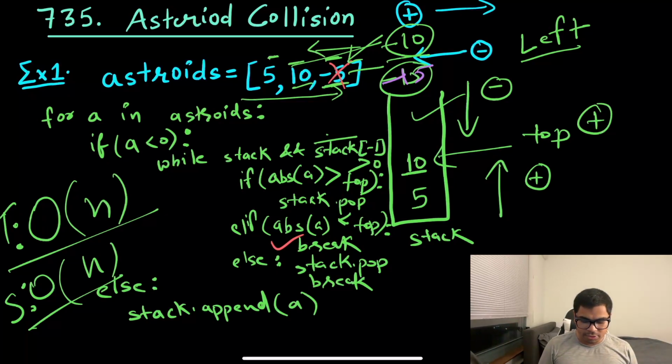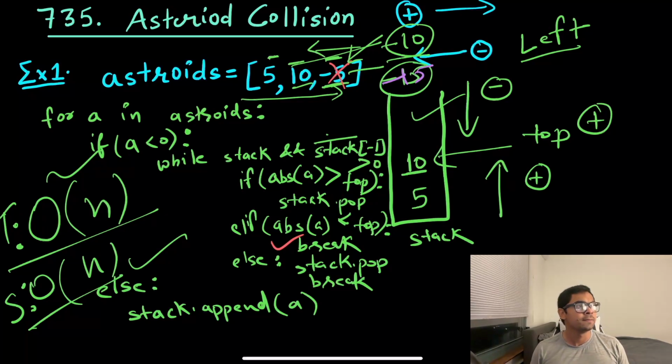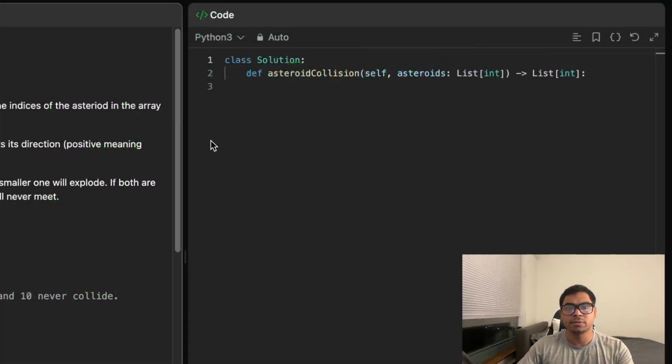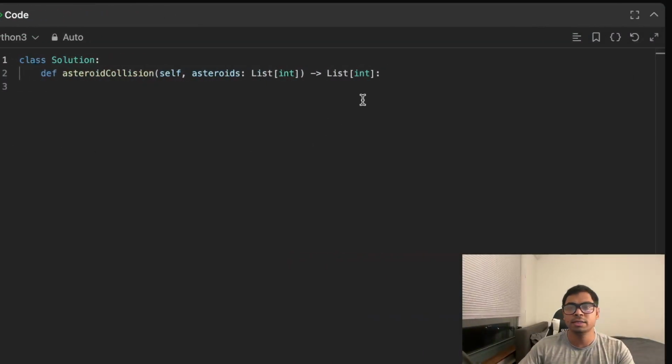That will be the space used by my stack, and I'm going through n asteroids. So this was quite easy, I guess. Only writing the code and considering those edge cases is the tricky part, but I think that went well here.